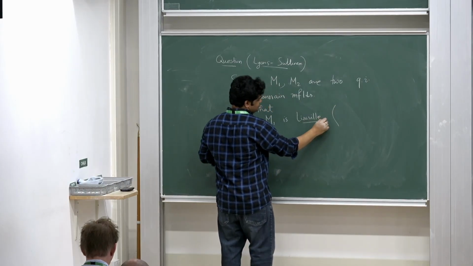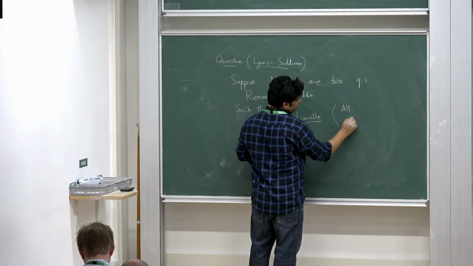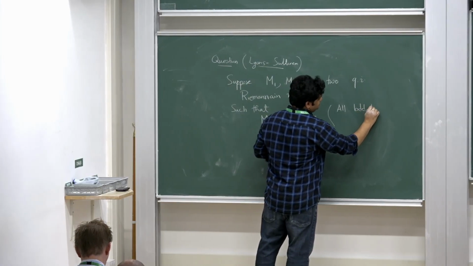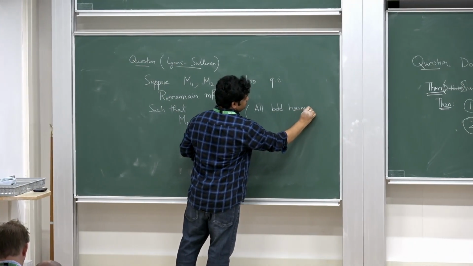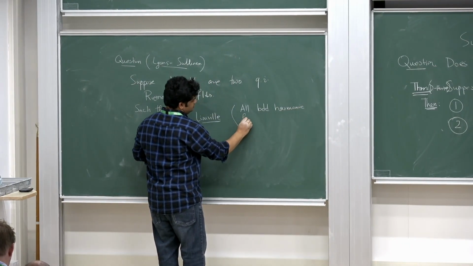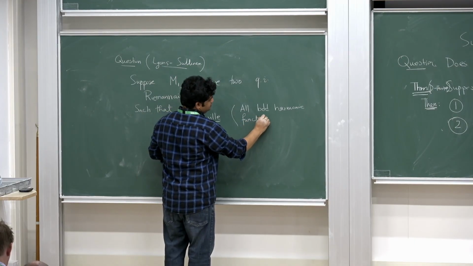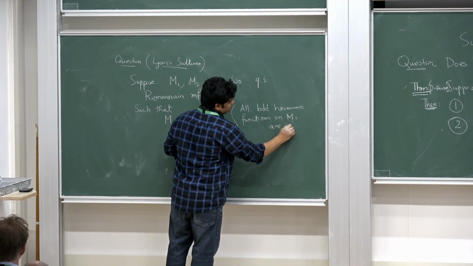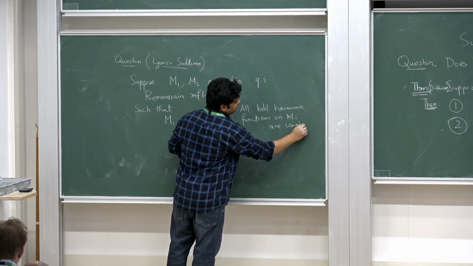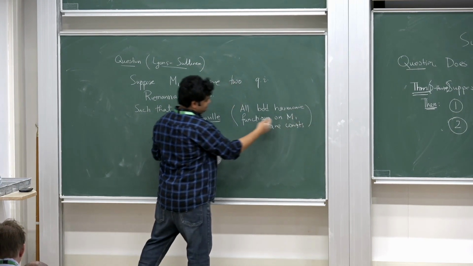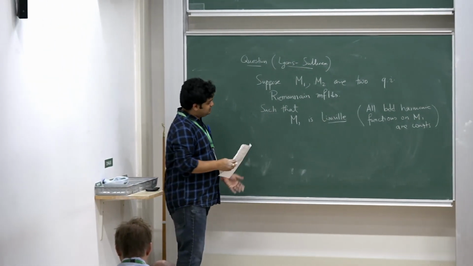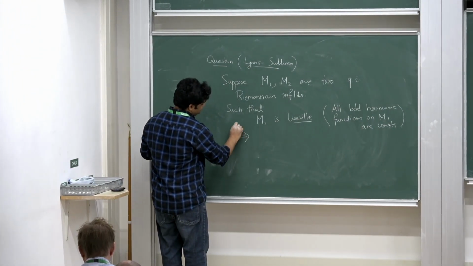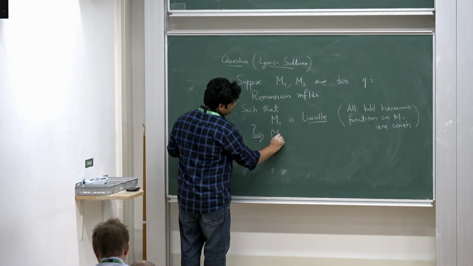So this means that all bounded harmonic functions on M1 are constant. So it doesn't have any interesting bounded harmonic functions. Suppose that M1 is Liouville, does it imply M2 is also Liouville?